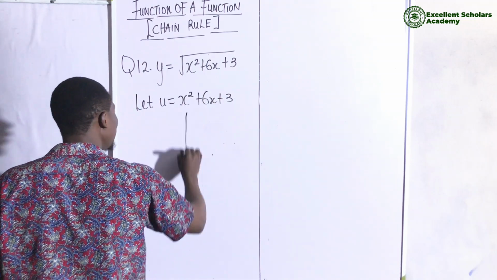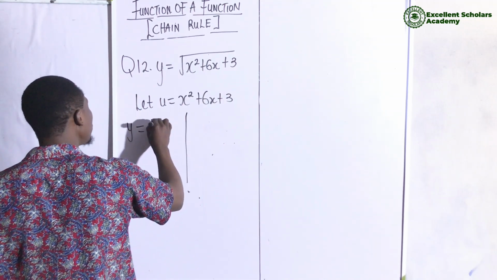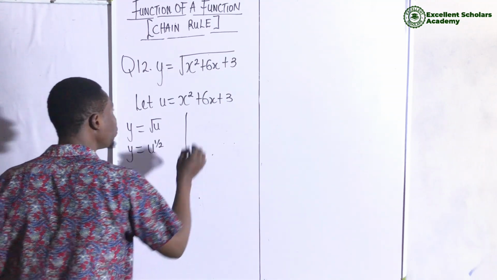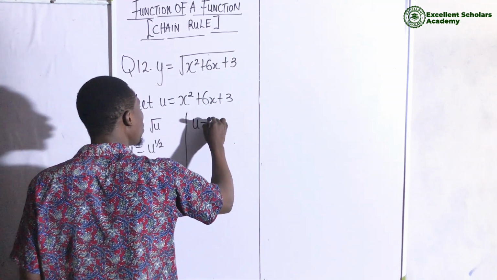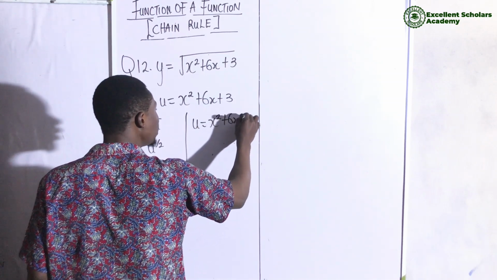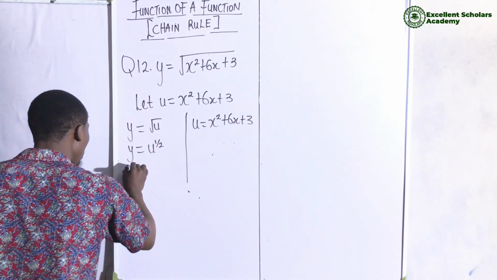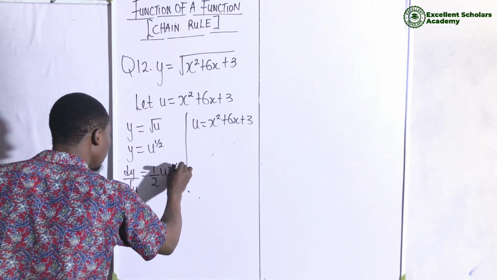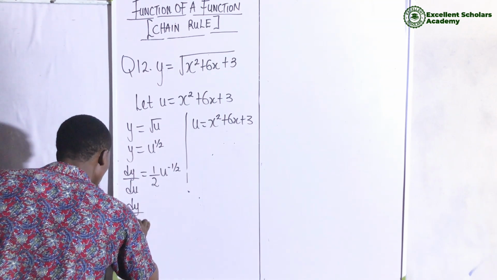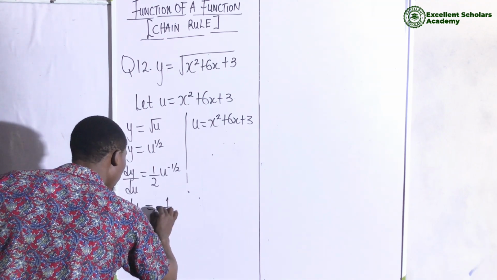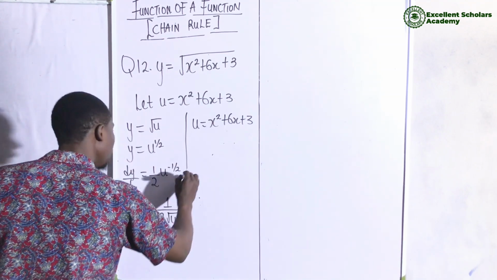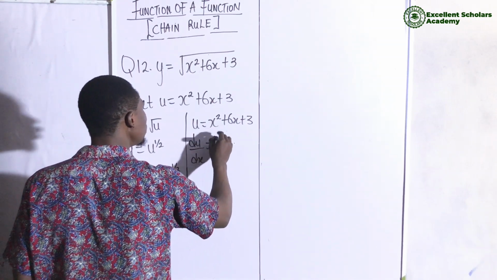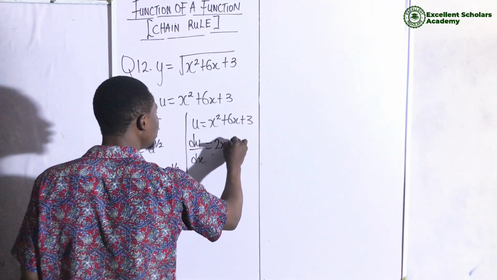So now we're going to have it that y is going to be equal to square root of u, which can also be written as u to the power of 1 over 2. Now also we're going to have it that u equals x squared plus 6x plus 3. Now differentiate this, you have dy/du equal to 1 over 2 u to the power of minus 1 over 2. Now here your dy/du finally can be written as 1 over 2 root u. Okay, so now differentiate this, which will be du/dx: differentiate this, you have 2x, differentiate this, you have 6.